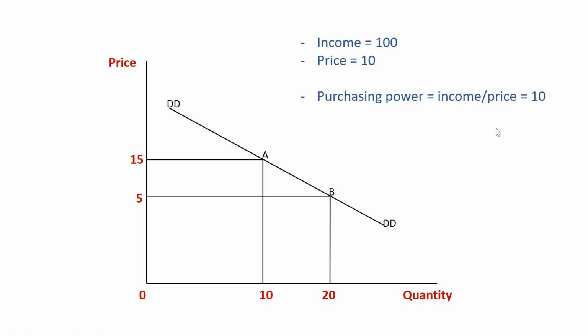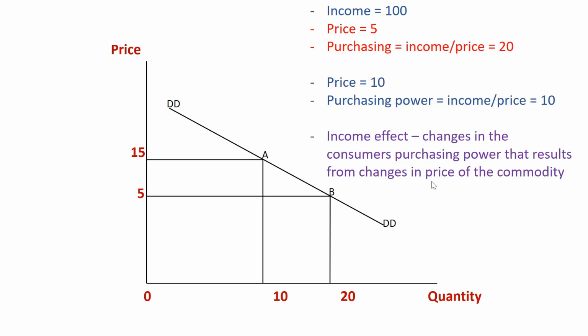We are saying that by an increase in the price of the commodity, the consumer's purchasing power has changed. Actually, it has reduced. If we should do the reverse thinking, then whenever the price falls, the purchasing power will increase. This is one key concept that underpins the law of demand, and this is what we call the income effect.